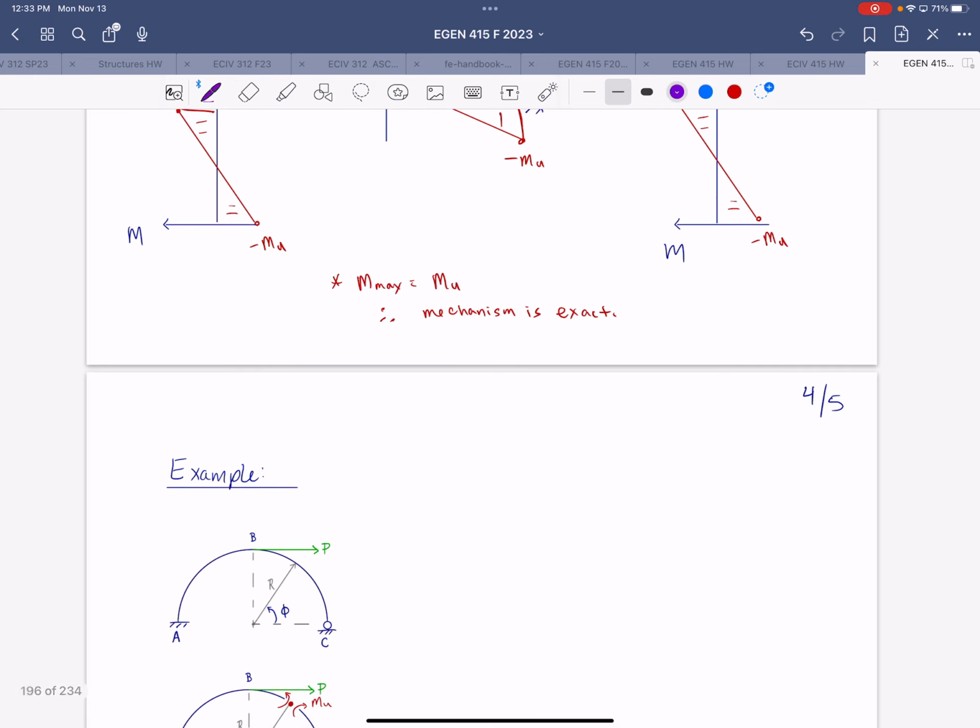First we're going to assume that the material is elastic plastic and forms hinges at the fixed support at A and also somewhere between B and C. So that's going to be our initial guess of the collapse mechanism.